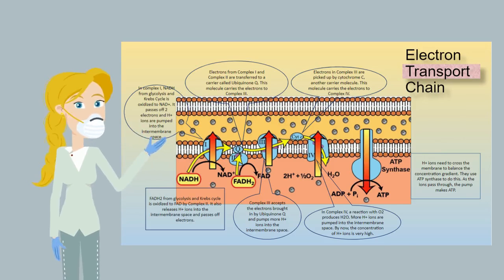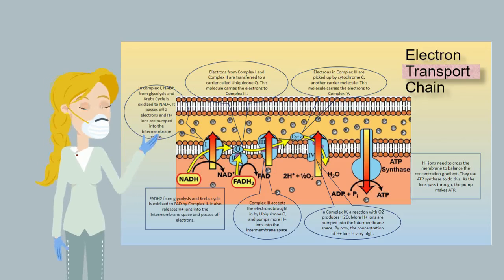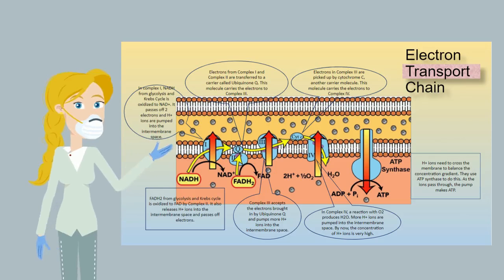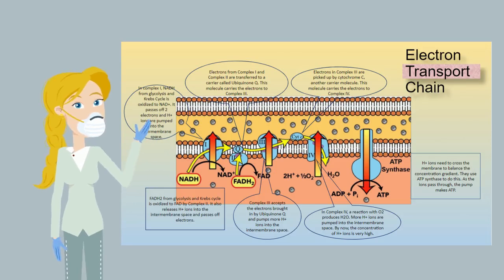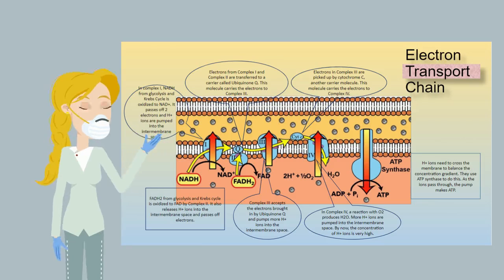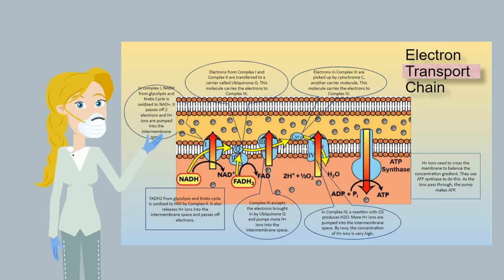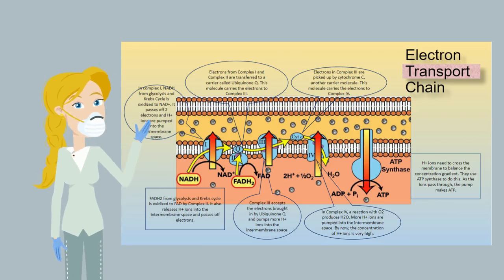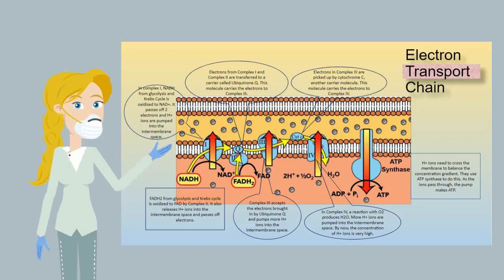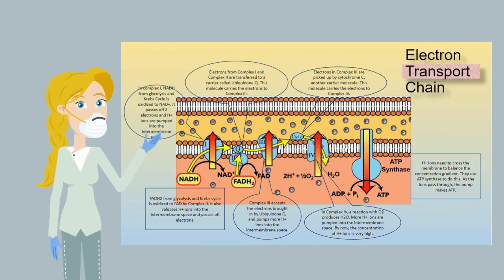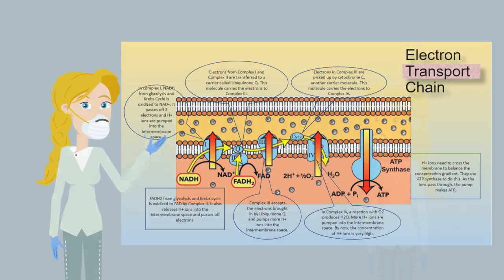The resulting oxygen atoms quickly grab hydrogen ions to form 2 molecules of water. Finally, ATP synthase moves the hydrogen ions that were pumped out of the matrix by the electron transport chain back into the matrix. The energy is used to generate ATP by phosphorylation, or the addition of a phosphate, of ADP. The movement of ions across a slightly permeable mitochondrial membrane and down the electrochemical gradient is called chemiosmosis.